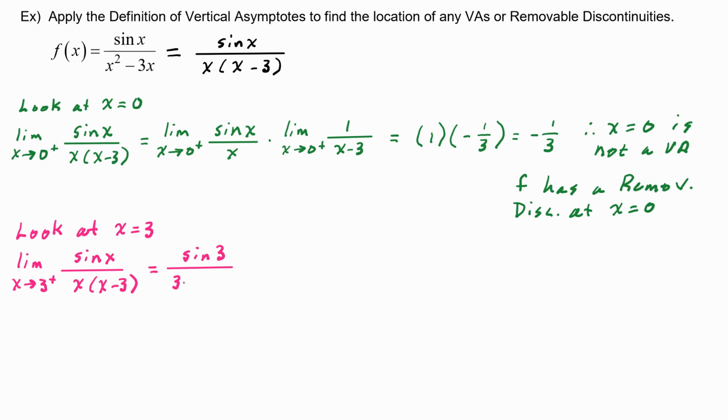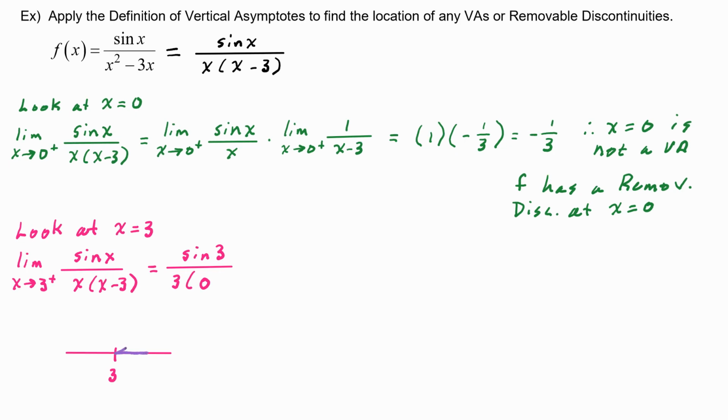However, now here, when we plug the 3 from the right into quantity x minus 3, we get a 0. We need to determine if it's 0 plus or 0 minus. So let's make a little number line here.